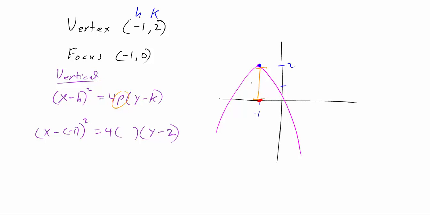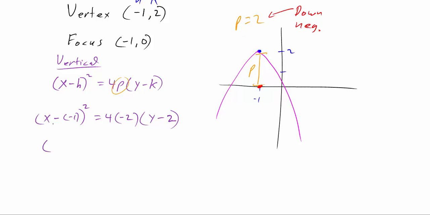And we can see here this is our p value, which is going to be equal to 2. And because the parabola is opening down, it's going to be a negative value. So we will substitute over here a -2.